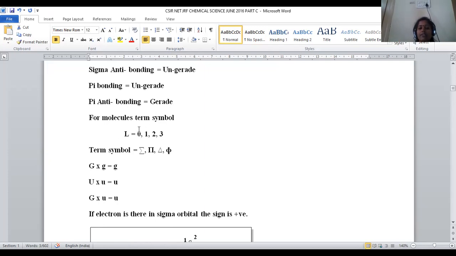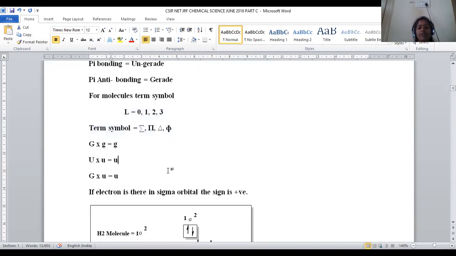For 0, it will be denoted with sigma. For angular momentum value 1, it will be pi. For 2, it will be delta. For 3, it will be phi. If an atom was taken, it will be S, P, D, F. In case of a molecule, the angular momentum term symbol will be denoted as sigma, pi, delta, phi, right?